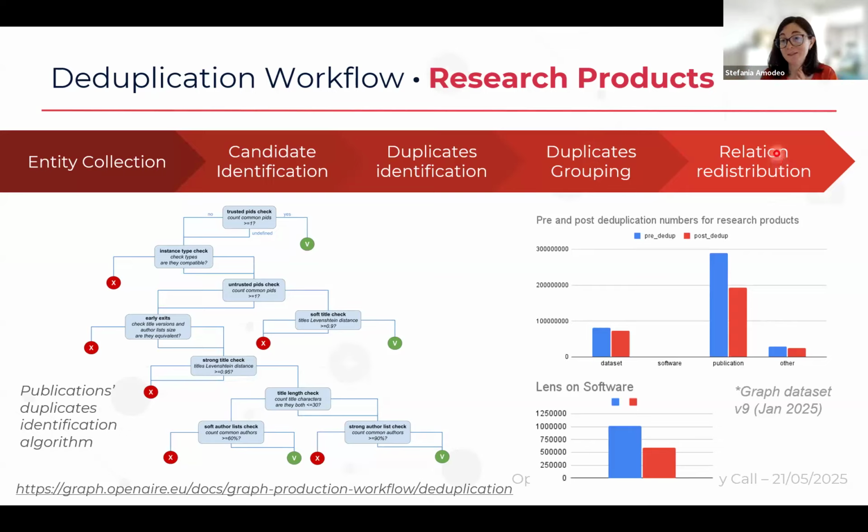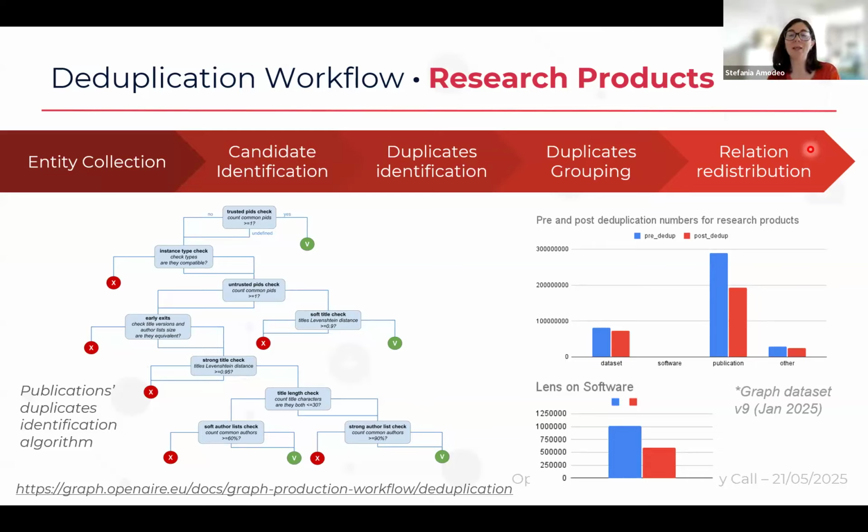And then the final step, relation redistribution. This means that all the relations that were identified for each of the records belonging to the merged record will be assigned to the representative record.